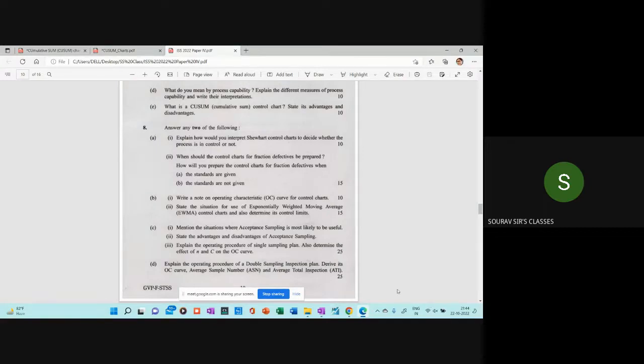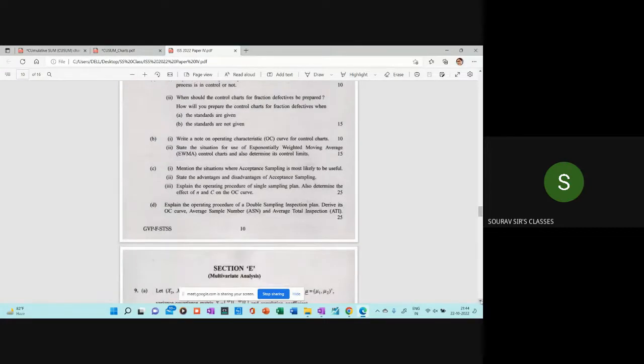Now we have some questions from product control. Write a note on the OC curve for the control chart. State the situation for the exponentially weighted moving average control chart, and also determine its control limits. Mention the situation where acceptance sampling is most likely to be useful. State the advantages and disadvantages of acceptance sampling.